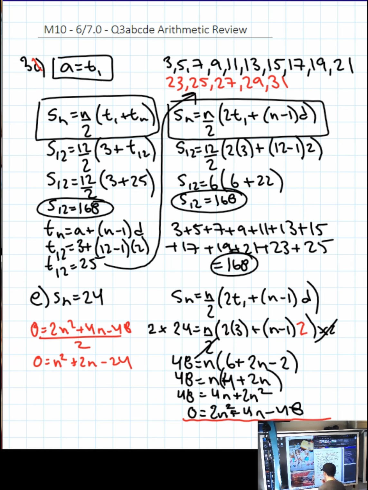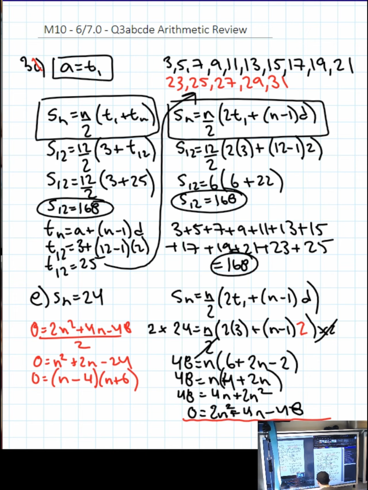So this thing can be factored. We can factor it to be 0 equals n minus 4, n plus 6, two numbers that multiply to get negative 24, and add to get positive 2 are negative 4 and positive 6.